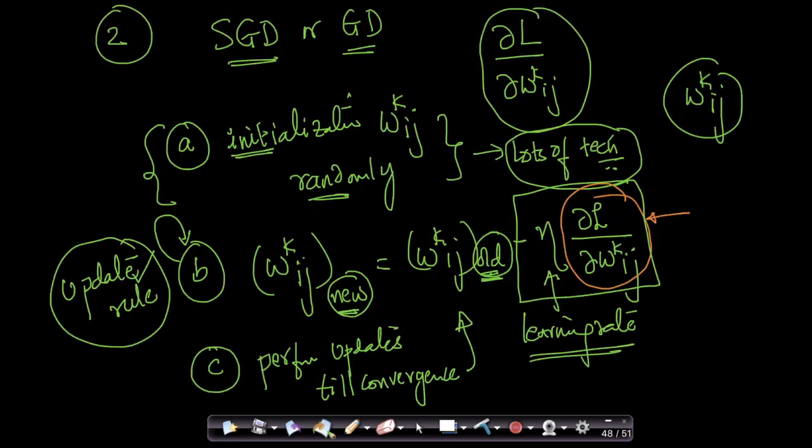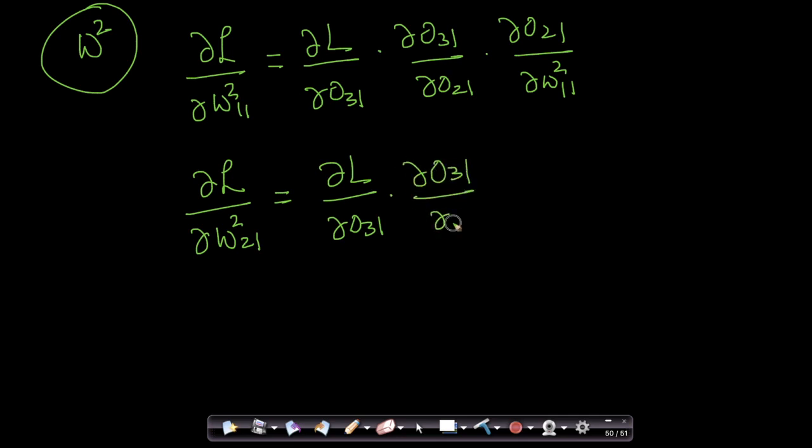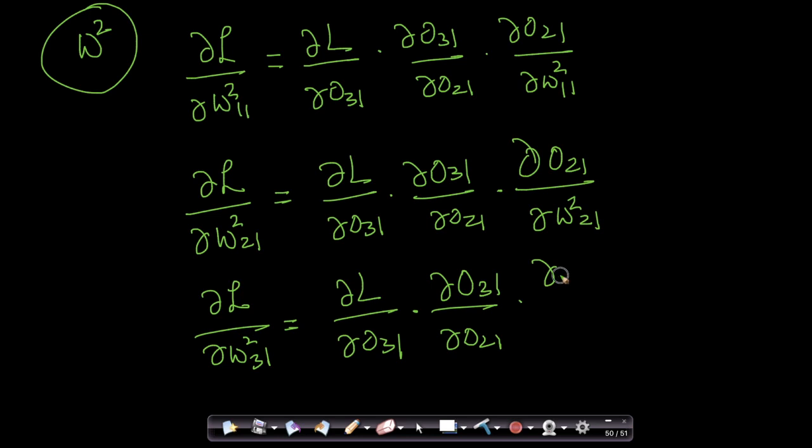Okay, so I'll write everything in a single page. The derivative of L with respect to W221 is the derivative of L with respect to O31, O31 with respect to O21, and O21 with respect to W221. Similarly, the derivative of L with respect to W231 is the derivative of L with respect to O31, O31 with respect to O21, and O21 with respect to W231.